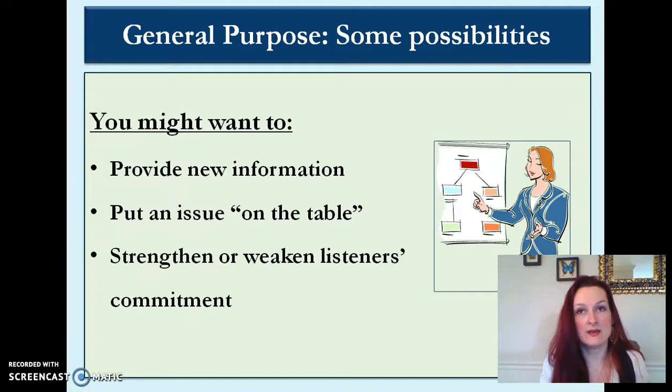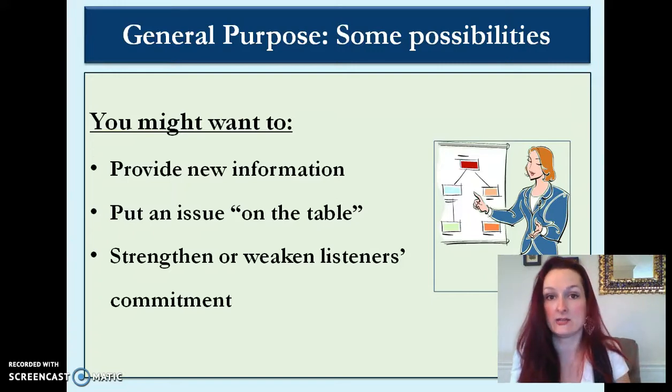So it may be that you go in already knowing that your audience is on the same side of an issue as you are. But you want to strengthen that commitment to move them from, yeah, I agree with you on that, to I am really fired up about this and now I want to take action.